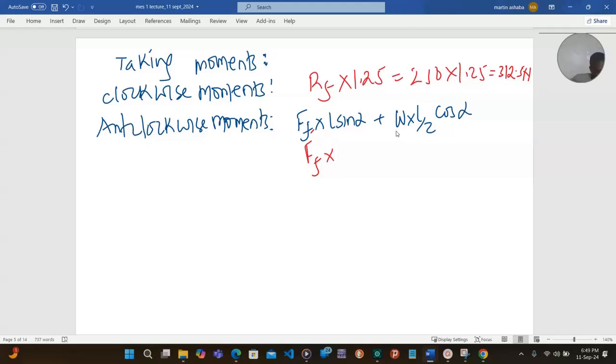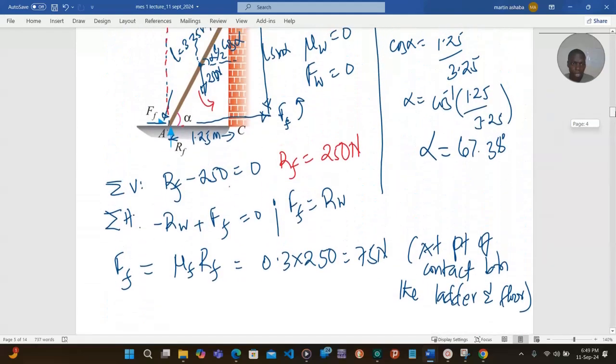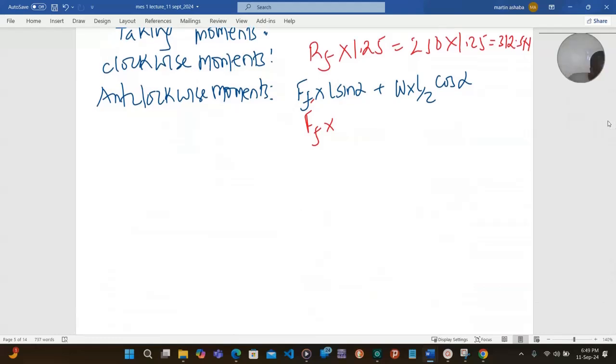We multiply by sine of 67.38. So this is Ff times 3.25 times sine of 67.38, plus 250 times L out of 2, which is 3.25 out of 2, cos of alpha.